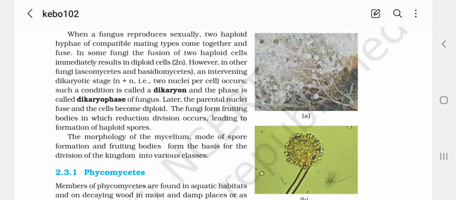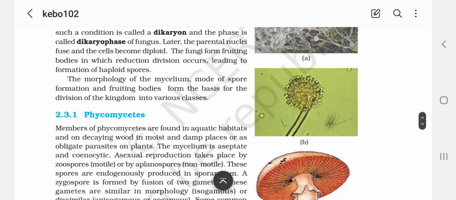Such a condition is called a dikaryon, and the phase is called dikaryophase of fungus. Later, the parental nuclei fuse and the cells become diploid. The fungi form fruiting bodies in which reduction division occurs, leading to formation of haploid spores. The morphology of the mycelium, mode of spore formation, and fruiting bodies form the basis for the division of the kingdom into various classes.